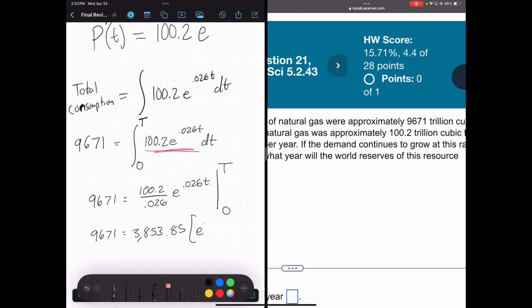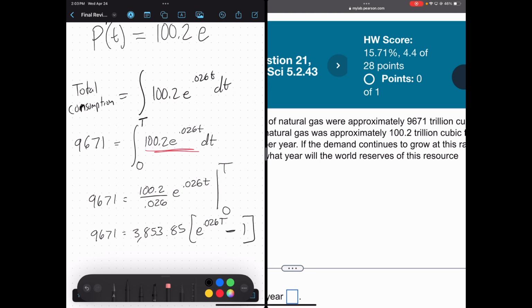So I'm left with e to the 0.026 times capital T minus, what happens when I plug in my lower bound? What happens when I plug in 0? Right, I've already taken care of the term 100.2 divided by 0.026 out here. So it'll be 1. If I'm just looking at e to this, if I plug in 0, I end up with 1. Everybody okay with that? So that's what I'm left with.